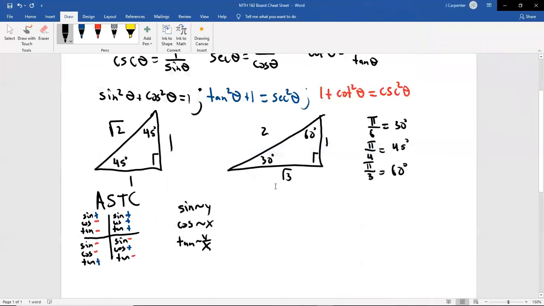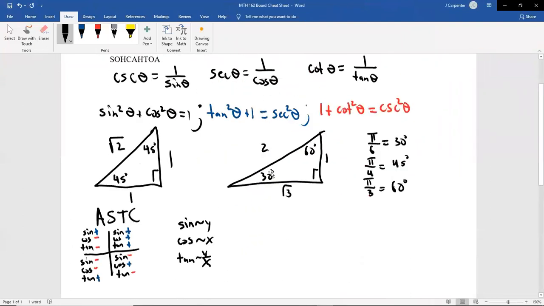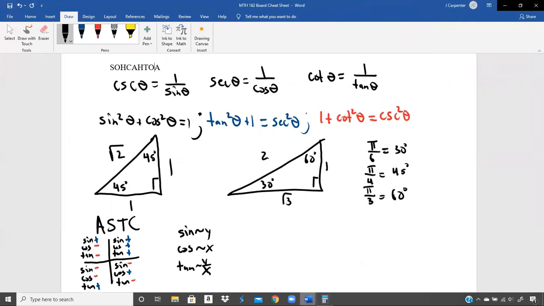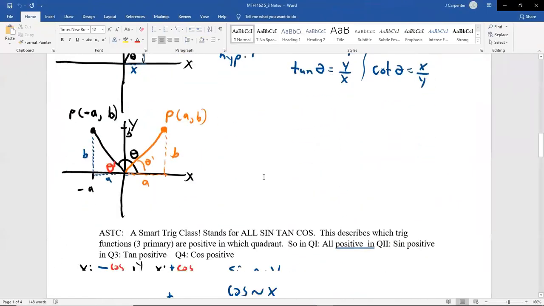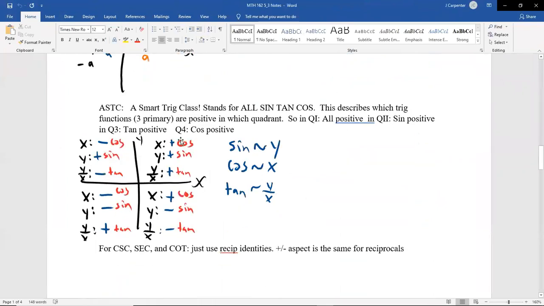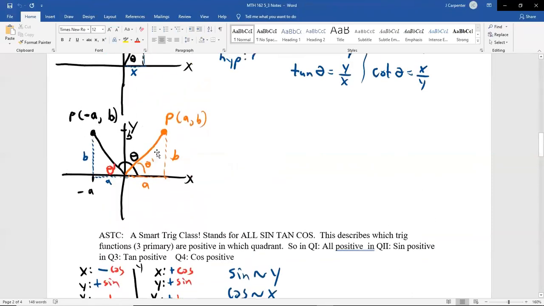Oops, wrong button. So here's our board, our whiteboard that we'll pop back over to every now and then. But for now, let's go back to 5.3. So again, the last thing we developed in 5.3 was a smart trig class talking about the sign pattern of your 3 main trig functions in the specific quadrants 1, 2, 3, and 4. We developed this because any point in quadrant 2, 3, or 4 can be made a relative point in quadrant 1 just by changing the signs of their x and y coordinates.